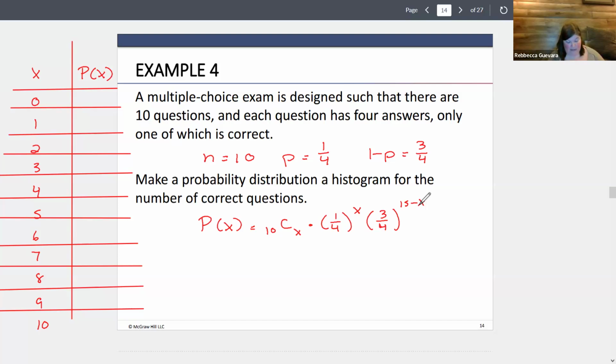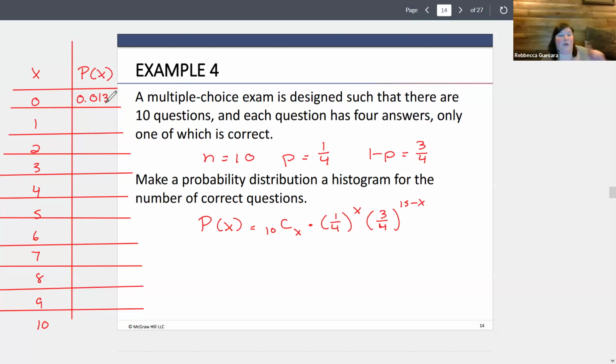And then we're going to have 0.75 or 3/4 to the power of 15. So if we put that all into a calculator, this first probability is going to be 0.013. I'm going to go out 3 decimal places here, so these are all approximations.